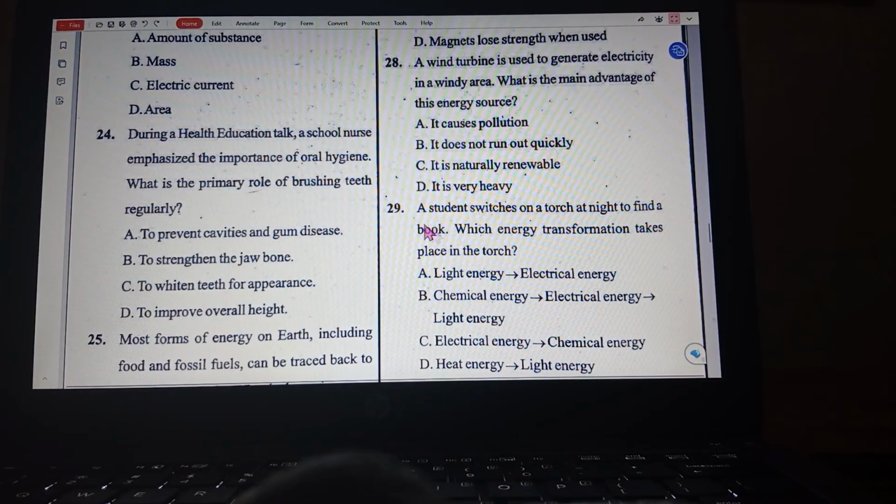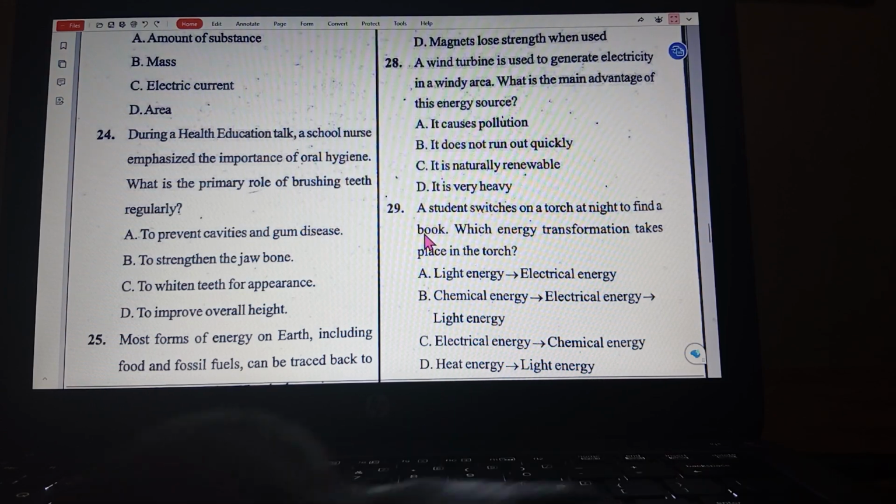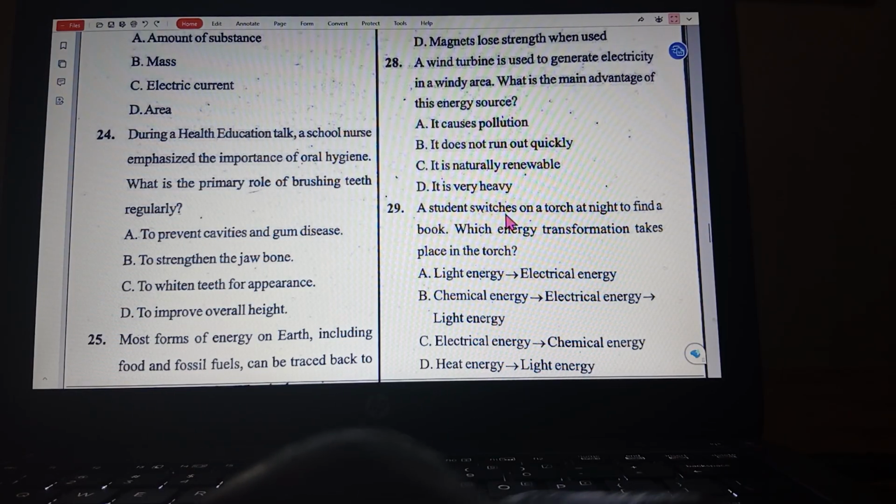Question 29. A student switches on a torch at night to find a book. Which energy transformation takes place in the torch? So let us say the torch is using dry cells. Which type of energy is contained in the dry cells? Chemical energy. Then this chemical energy is converted to electrical energy, right?